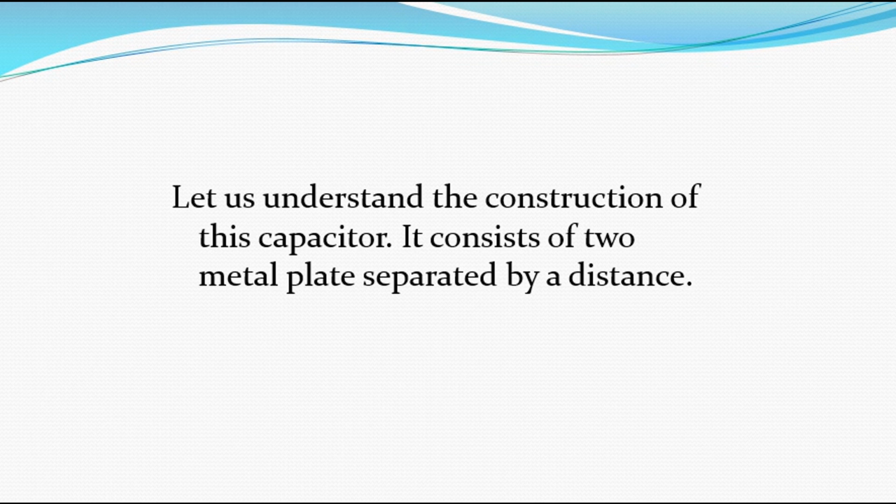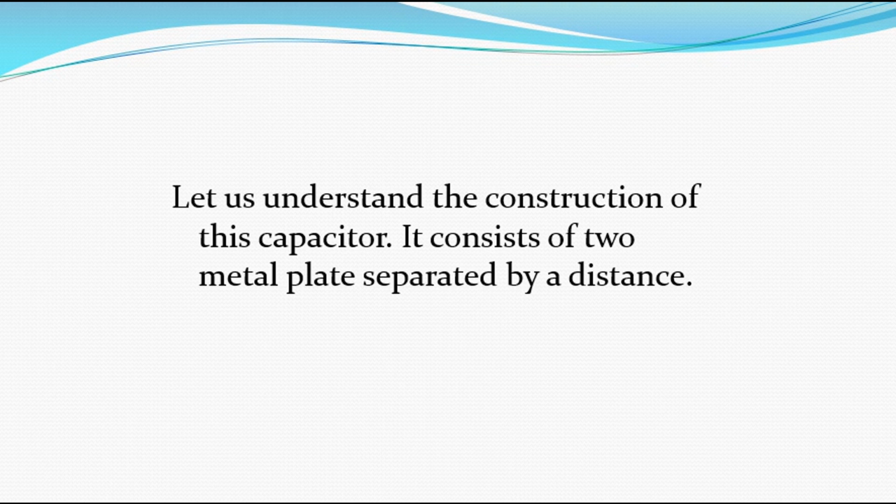Now let us understand the construction of this capacitor. It consists of two metal plates separated by a distance. Now, how is it separated? It is separated by a distance, and what makes it a distance is the dielectric.